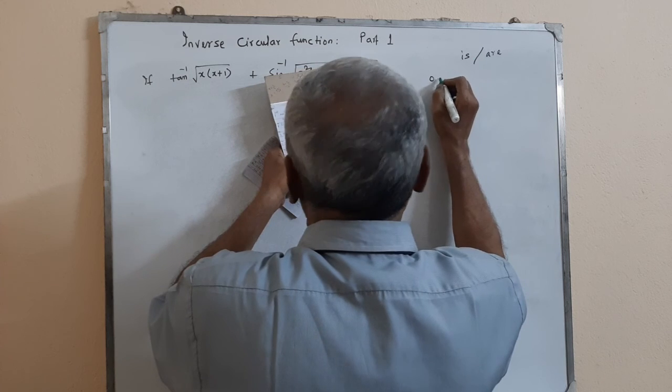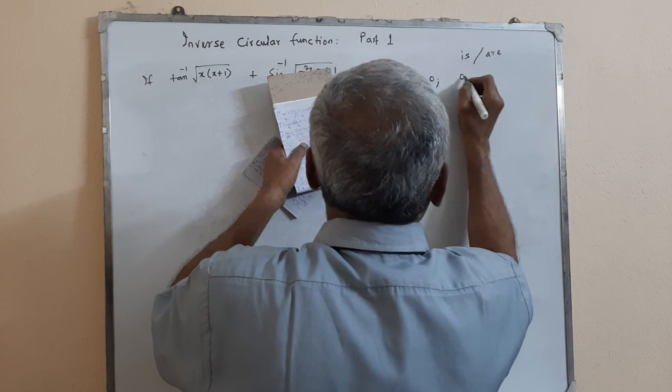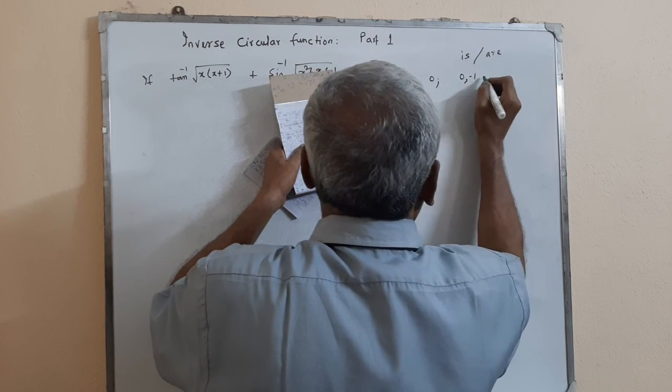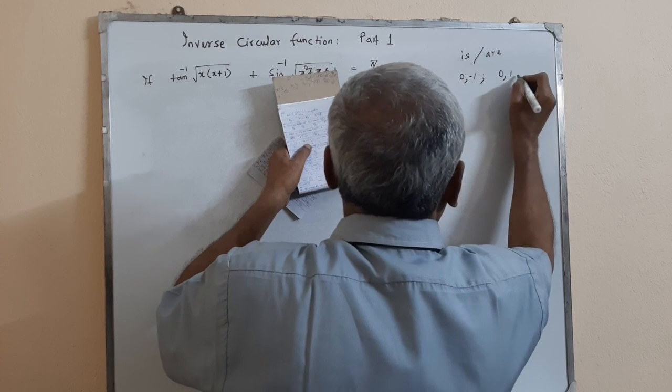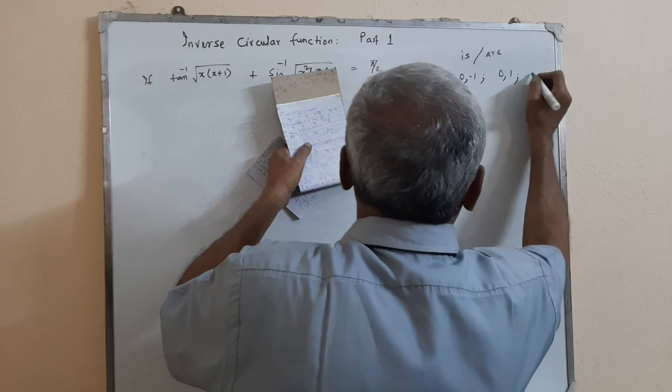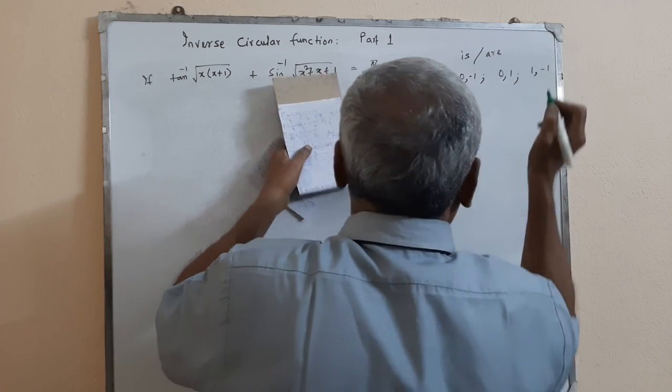The first option is 0, the next one is 0, comma minus 1, the next option is 0, comma 1, and the next option is 1, minus 1.